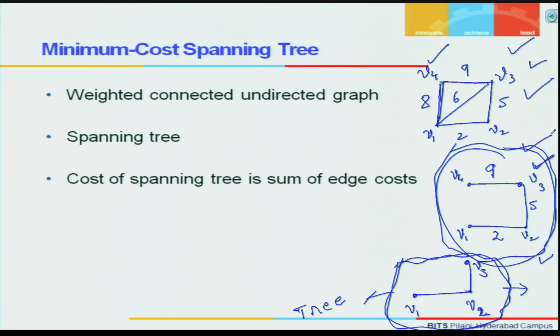Now the point is, given a graph like this, how many spanning trees are possible? Definitely there can be more than one. There will be n number of spanning trees given a graph. This graph is very simple. Even this graph is having a lot of spanning trees. This is one spanning tree. If you want me to draw another spanning tree, I will draw it like this.